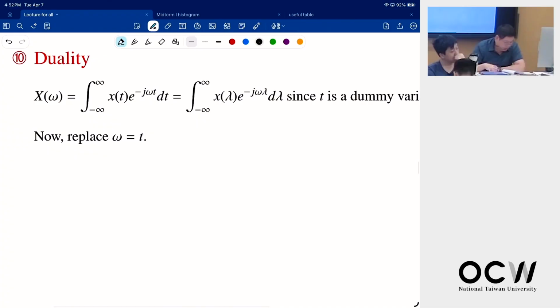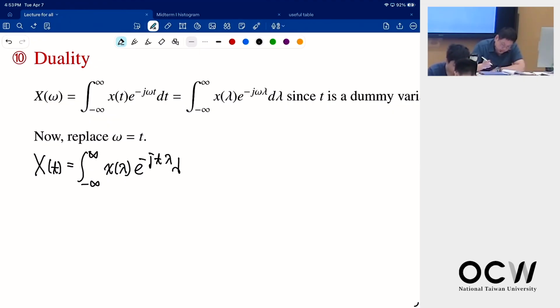So here there'll be t. And this is the capital X, not the lowercase x. So in time we have the integral of X lambda e to the minus j t lambda d lambda.